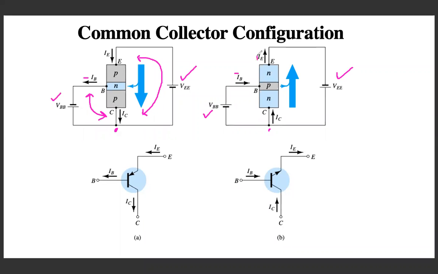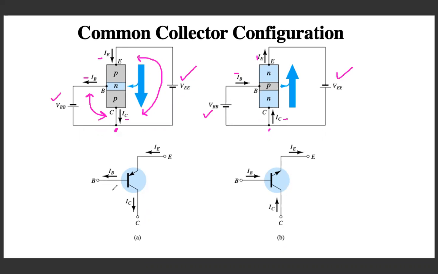And that is also true for the other current parameters also. This is the same thing explained in the form of notations, the standard notations that we use for the transistor. Common collector will be common, and base current, emitter current, similarly for NPN transistor right here.